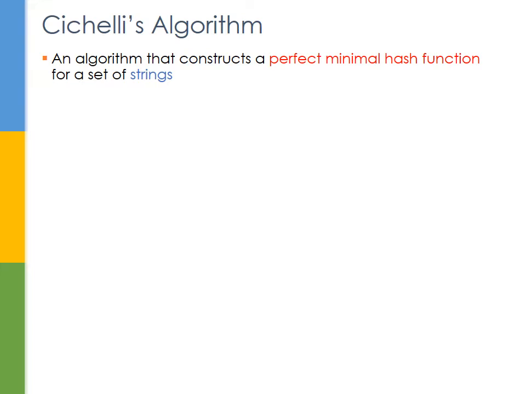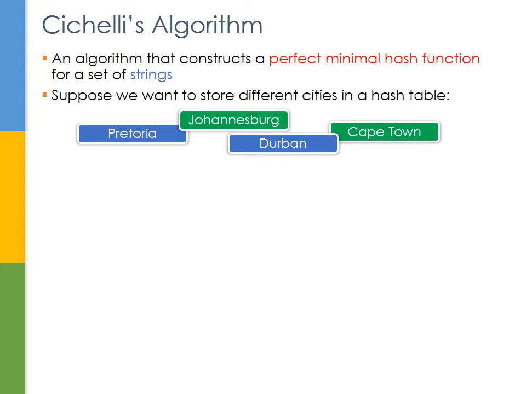Okay, so Cichelli's algorithm is actually designed specifically for text, specifically for strings. And if you have a predefined set of strings, then this algorithm essentially gives you the steps to design a perfect minimal hash function. Like I said on the previous slide, this perfect minimal hashing makes sense when you have a limited set of items, right?